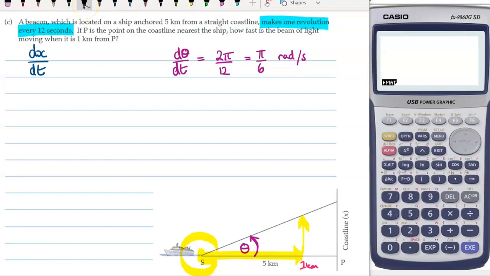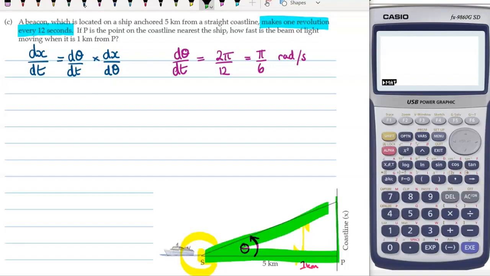So if we've got d theta by dt, let's work out how to turn that into dx by dt. If we start with d theta by dt, we would need to multiply by dx and divide by d theta. So the other bit we need to work out is dx by d theta. We need something that links x and theta. Well, we've got a right-angled triangle just here.